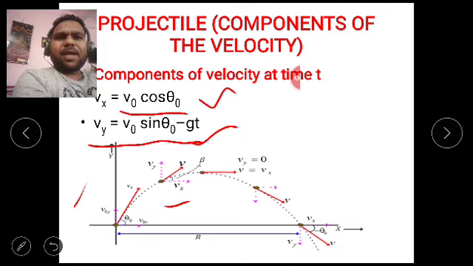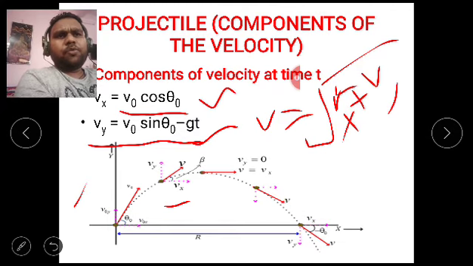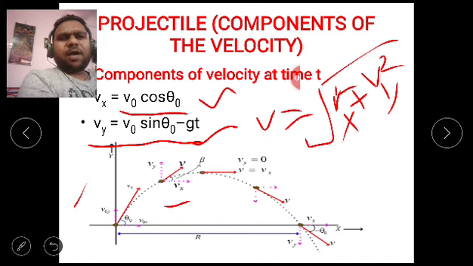And how will you calculate velocity? v is equal to the square root of vx squared plus vy squared. That's how you can calculate velocity at any point of time by applying the vector law of addition that has already been covered in the previous videos. So vx is equal to v0 cos theta 0 and vy is equal to v0 sin theta 0 minus gt. These are the two components of velocity.